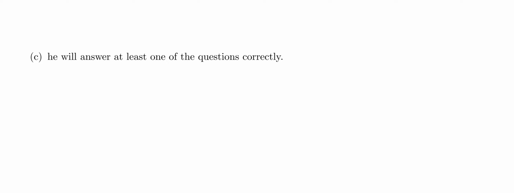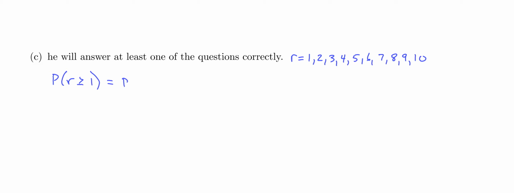To calculate the probability that he will answer at least one of the questions incorrectly means that we're looking for the probability that R is 1, 2, 3, 4, 5, 6, 7, 8, 9, or 10. So if we were to calculate this just like this, we would be looking for the probability that R is greater than or equal to 1, which means we would have to calculate each one of these probabilities and add these all up.